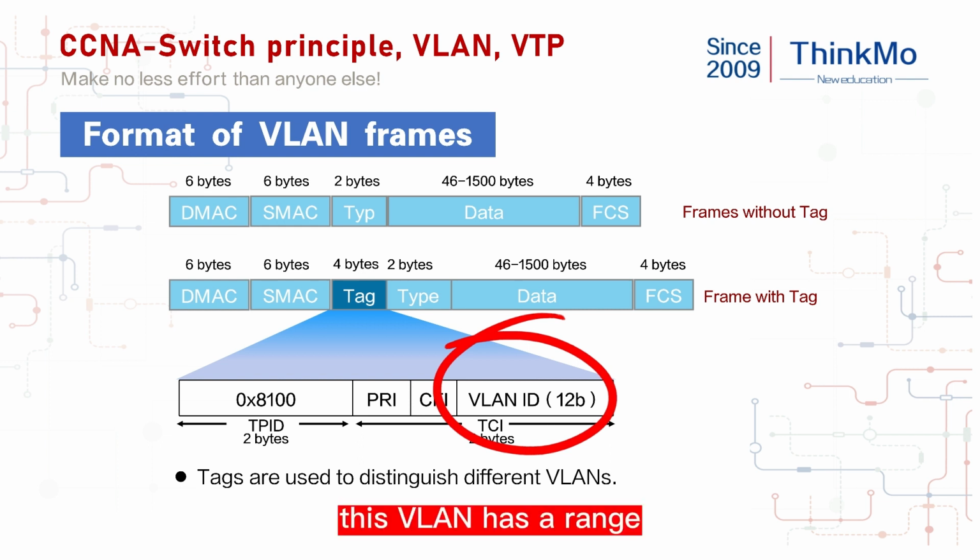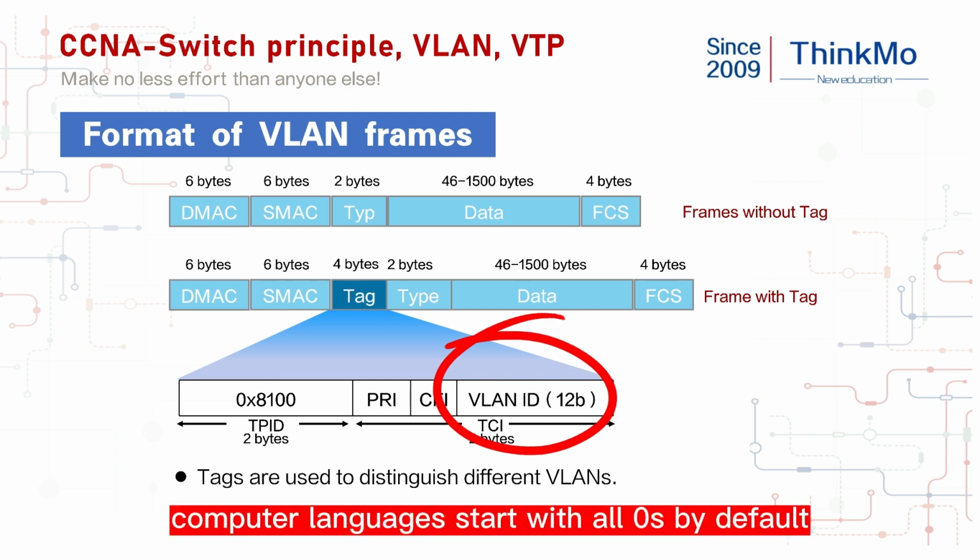This VLAN ID has a range. Each bit has two values, 0 and 1. There are 12 bits, so a total of 2 to the 12th power, which is 4,096 combinations. That is a total of 4,096 VLANs. The range is 0 to 4095, which is 4096 in total, because computer counting starts from zero by default.